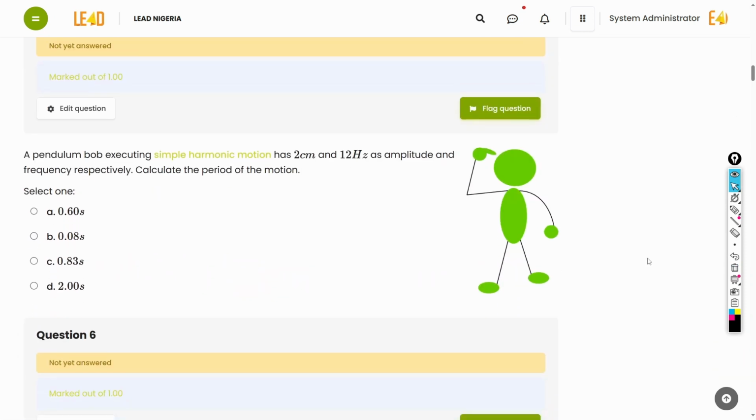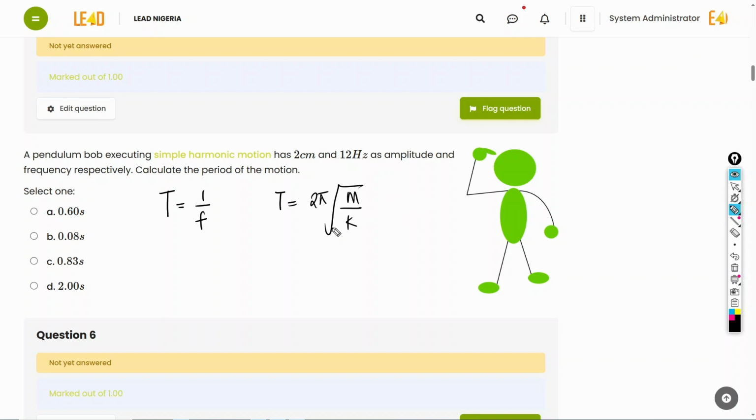A pendulum bulb executing simple harmonic motion has 2 cm and 12 Hz as amplitude and frequency respectively. Calculate the period of the motion. There are formulas for period. The first one is that period T is equal to 1 over f, and the second one is that period T is equal to 2 pi root m over k.